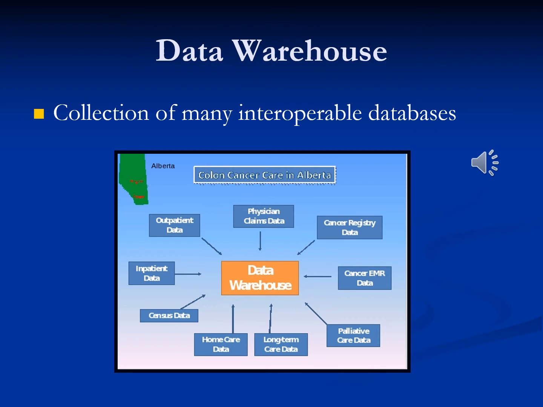So all of these things are kept together in a data warehouse. So it's many interoperable databases. In order for this to work correctly, there's got to be some standardization of the field types and the variables, and that's an important component of getting things to work together.